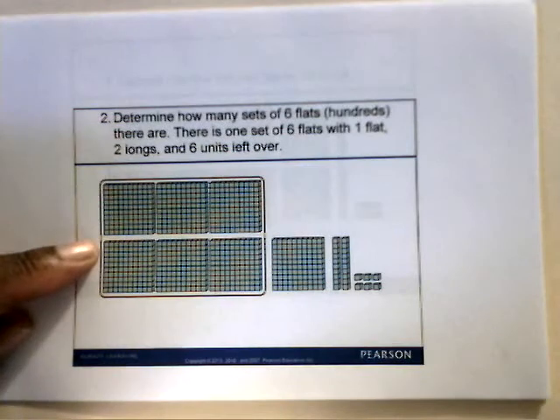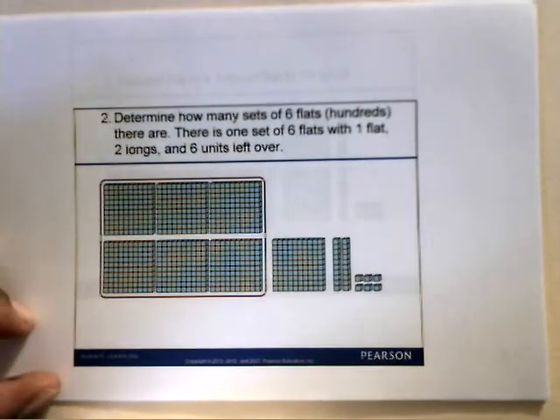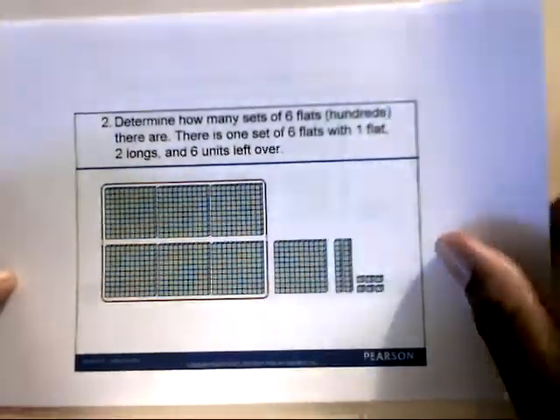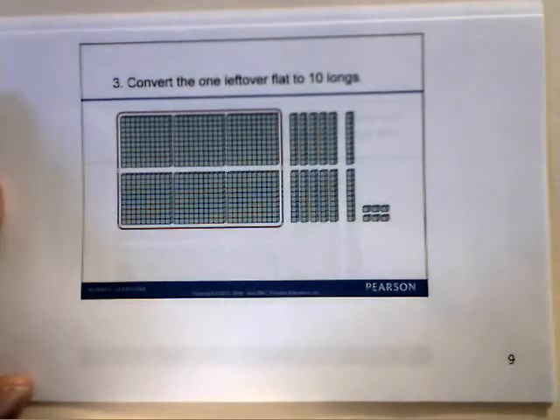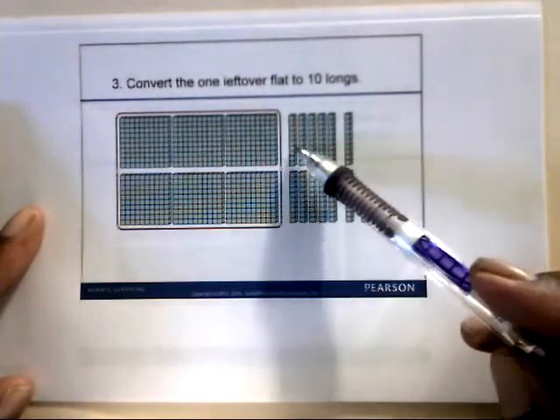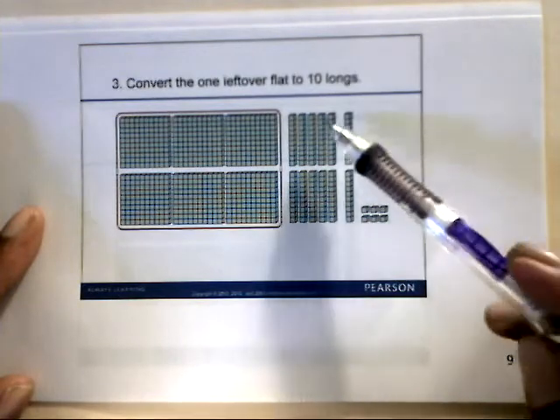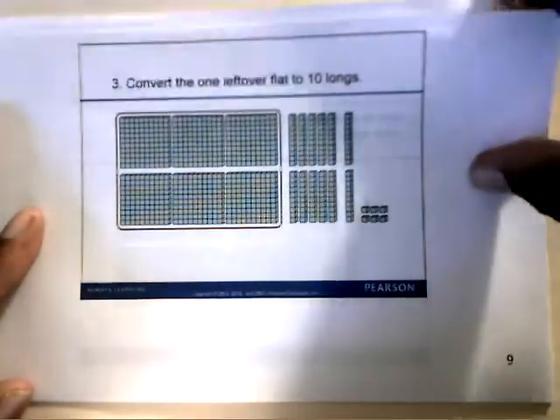There's only one set of 6 flats, with 1 flat, 2 longs, and 6 units left over. Now what we're going to do with that 1 flat is convert it into 10 longs, as you see here. So now I've got 12 longs and 6 units.